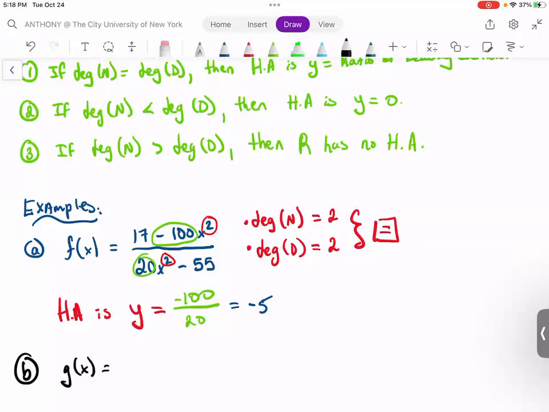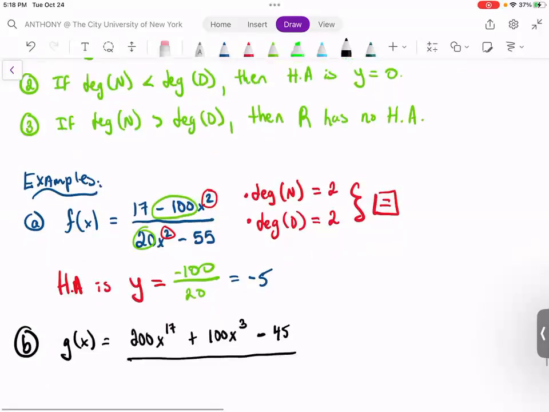Let's say g of x is 200x to the 17th power plus 100x to the third power minus 45, all divided by x to the 20th power minus 100x to the fifth plus 3x.